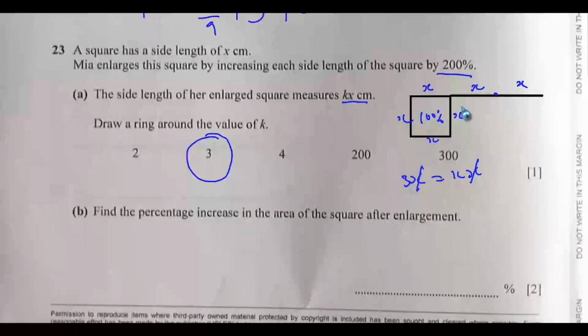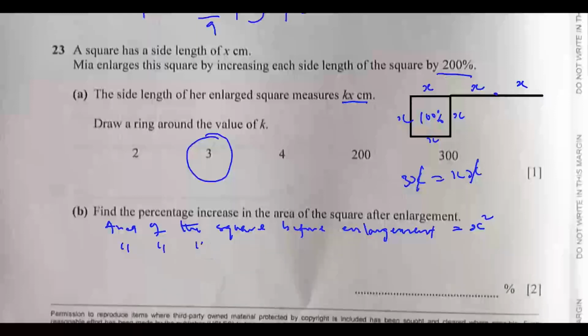The area of the square before enlargement will be x times x, that is x squared, and the area of the square after enlargement will be 3x times 3x, that would be 9x squared.